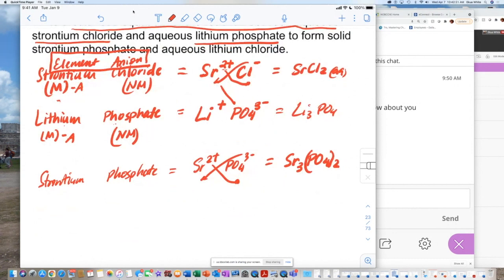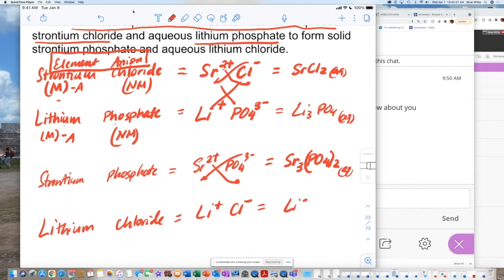And then these are all aqueous too, and then you have lithium chloride. Okay, so I'm just doing the work right now to write down the formulas. Now these two are going together. So it's going to be LiCl, and this is aqueous. Oh, sorry. I just realized when I read over, this is solid.